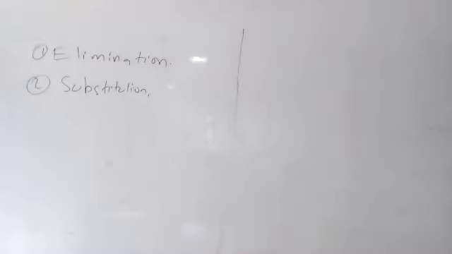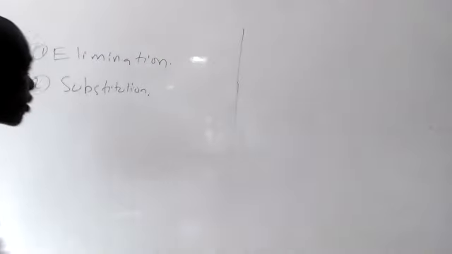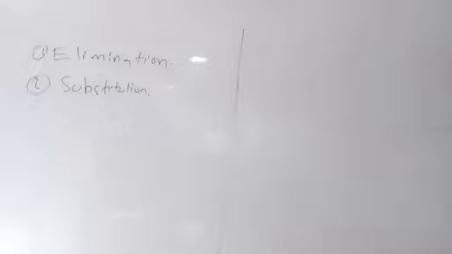Now, we can generalize these two methods for when we have a system with more than two equations. Let me give you an example, and then I will show you how these methods will help you.